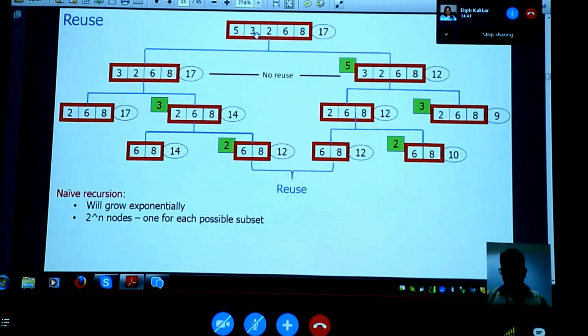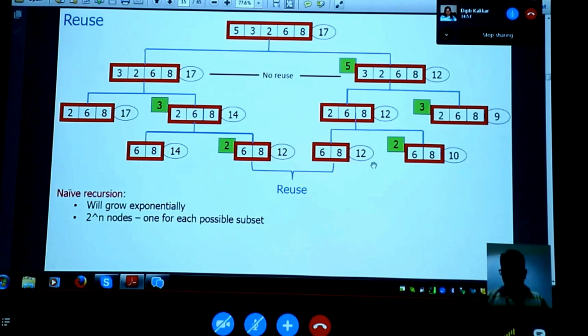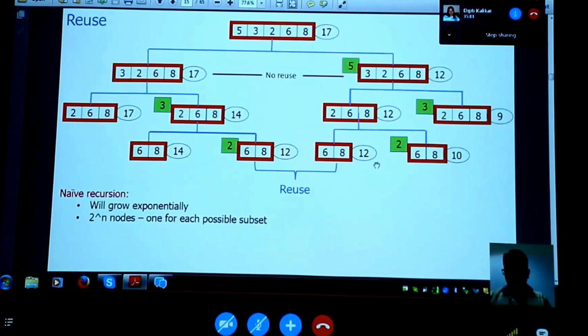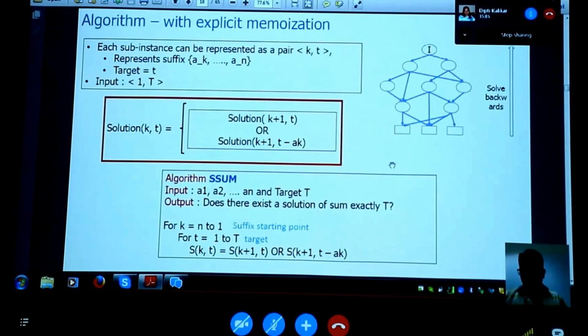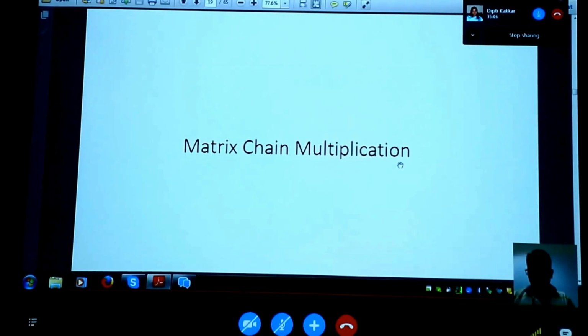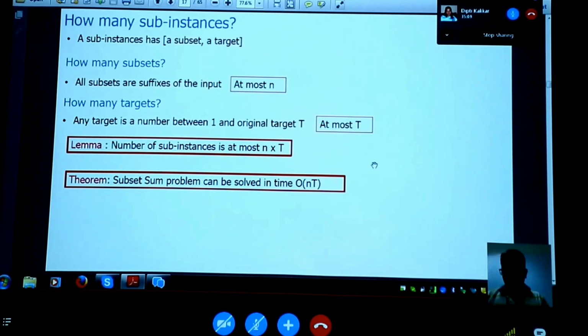So that is why these targets allow you to collapse these sub-instances, right? Like you took one branch, you arrived at this 6, 8. You took another branch, you arrived at this 6, 8. But the target became the same because there are too many ways of getting the same targets, right? So that is the difference between dynamic programming and the naive recursion. And yeah, so we run in this time nt.